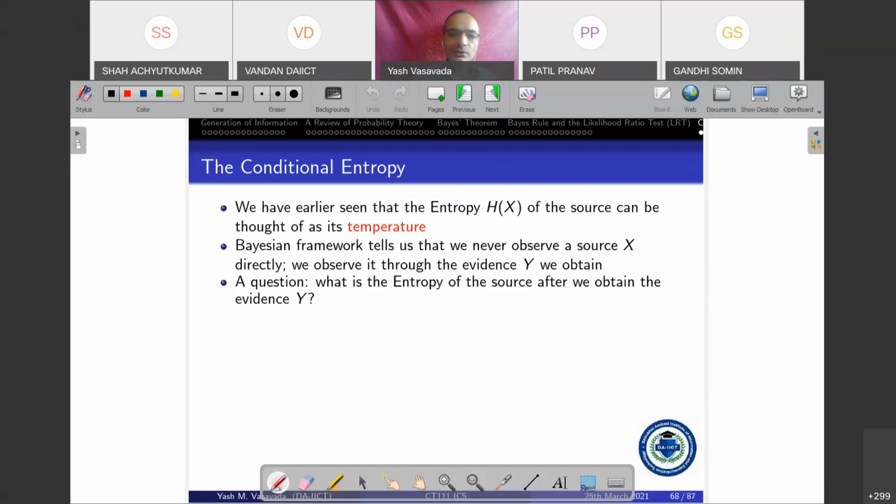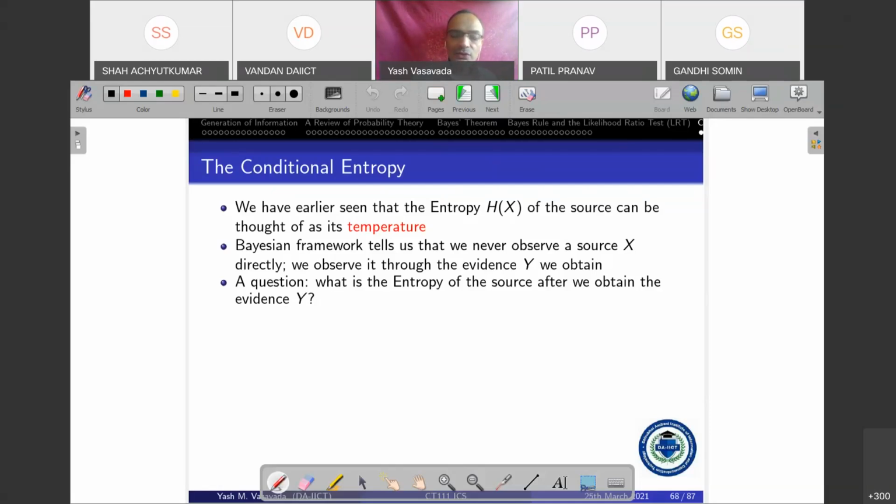So the question is now that in this type of framework, where the source is taking a certain value, the person has the disease or doesn't have the disease, a communication transmitter either sends x equal to 0 or x equal to 1. But we don't actually observe that directly.